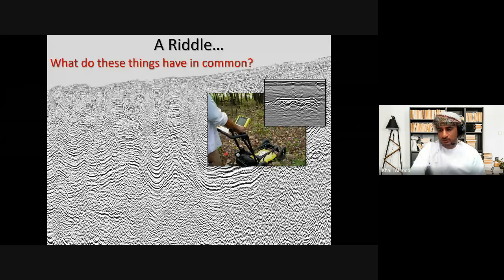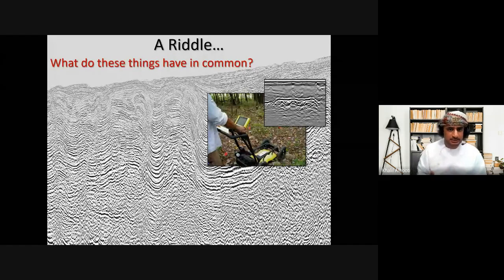Whenever I talk about the seismic reflection technique, something else comes to my mind which uses the same technology. It is called GPR. The equipment this person is holding is GPR, ground penetrating radar. The final outcome from this method is similar to seismic sections.